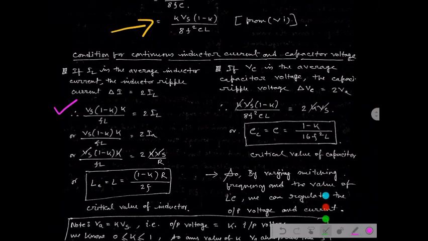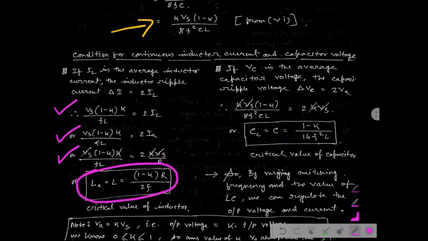After simplification, putting the value of IL equal to kVs by R over here, ultimately we get the result: the critical value of the inductor is L equal to (1 minus k)R by 2Fs. So this is the value of the inductor.